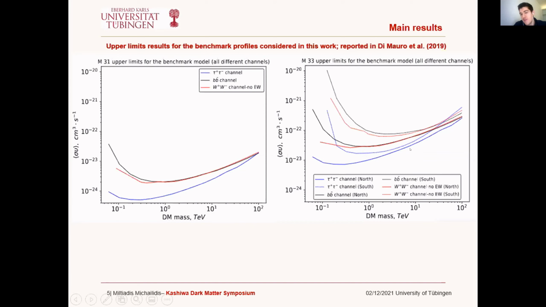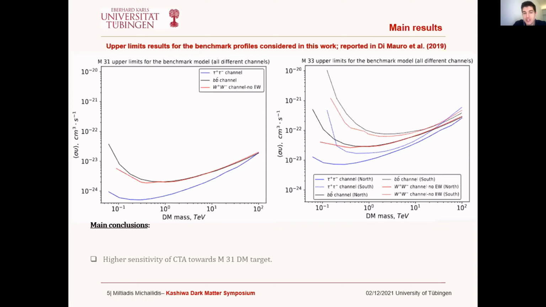And the difference that we have here is that in the case of M33, we went and calculated the maximal zenith angle for reasonable quality observations. We found that the M33 position is offered for observations from both the southern and northern CTA sites, and that's why we have doubled the number of plots in the case of M33 than in the case of M31, which is observable only from the northern CTA site.